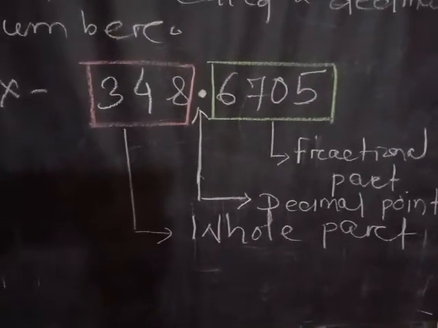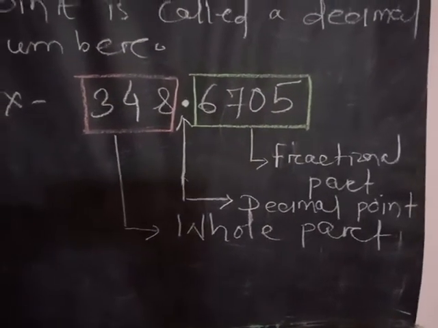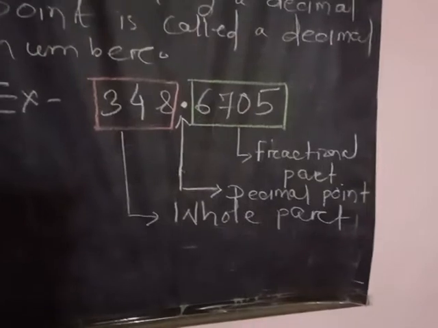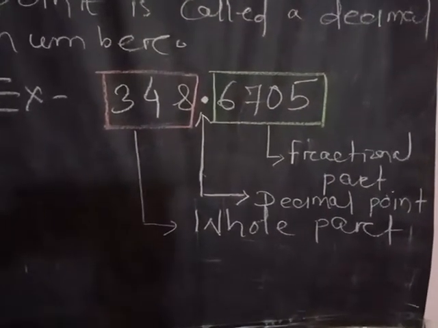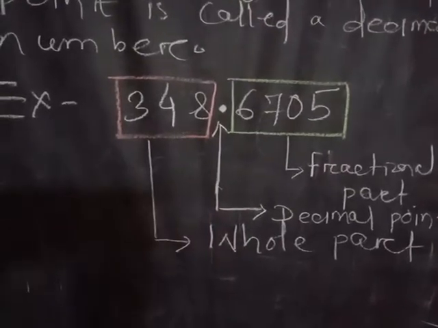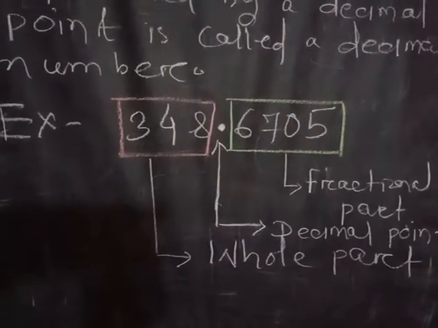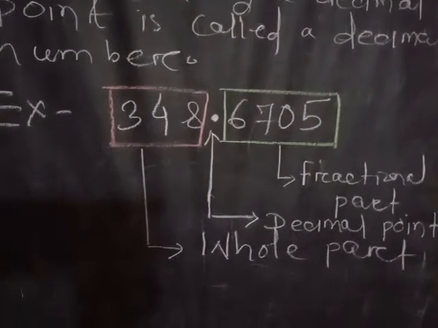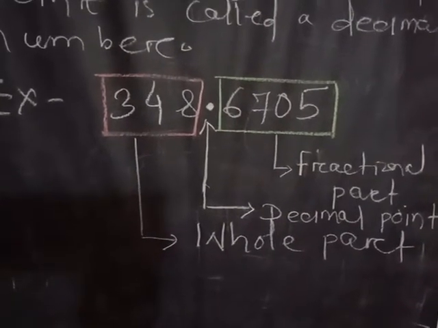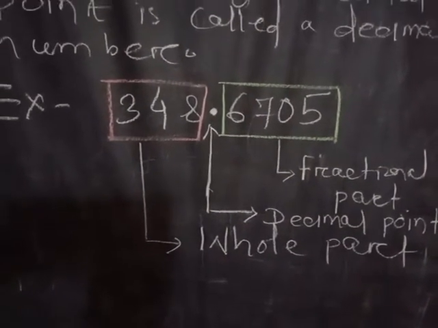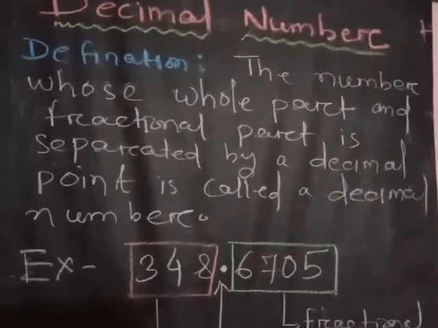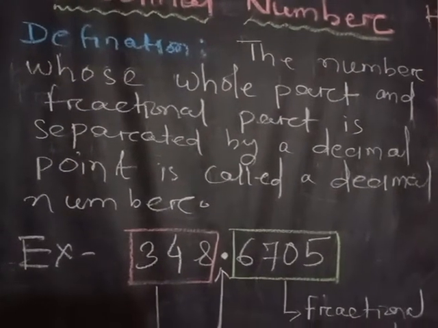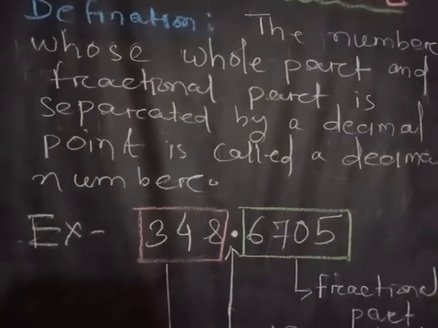Thus the decimal number is a number whose whole part and the fractional part are separated by a decimal point. Once again, the number whose whole part and the fractional part are separated by a decimal point is called a decimal number.